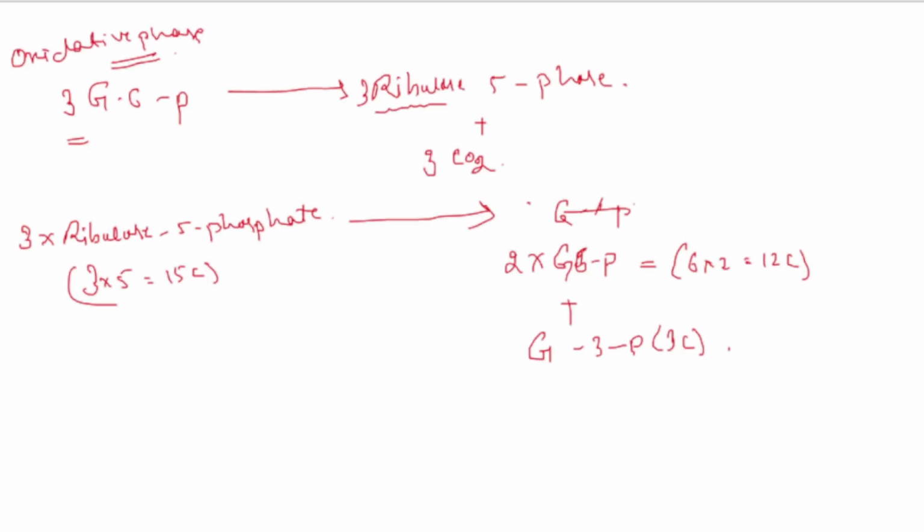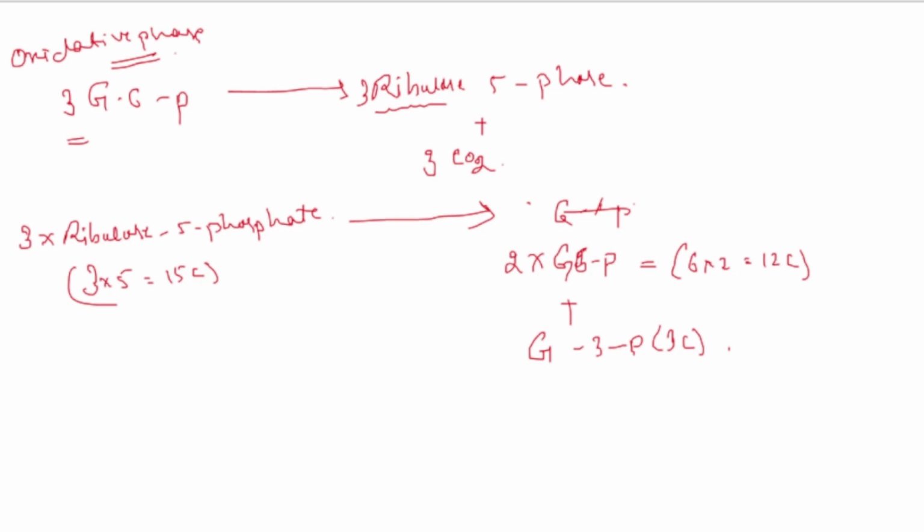We have to give 2 molecules of glucose 6-phosphate, because only one glucose 6-phosphate should be utilized here. So 2 molecules of glucose 6-phosphate need to be removed, or recycled. This recycling is done by the non-oxidative phase. We will see how this recycling is done, and how only one glucose 6-phosphate is carried forward for the whole oxidative process.